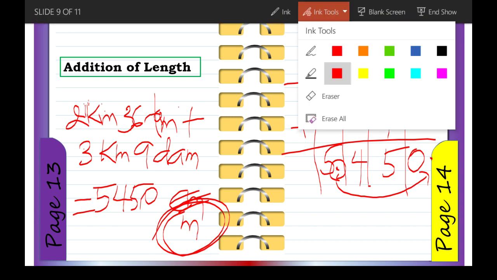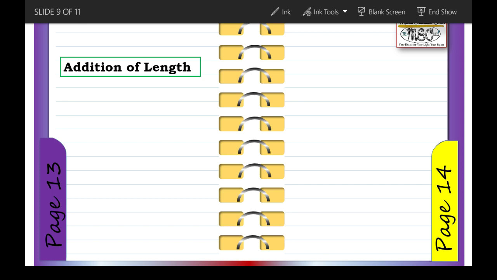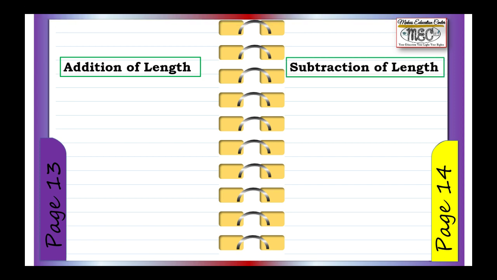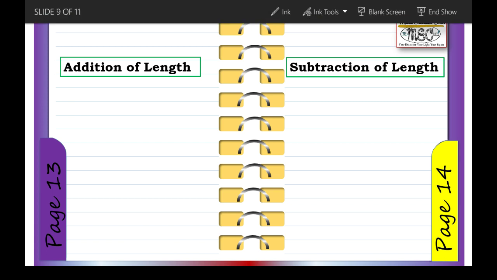Now when you are subtracting, we use the same methods, because subtracting is the same as adding. The difference is that in adding we are increasing the number, but in subtracting we are decreasing the number. Let's have an example.